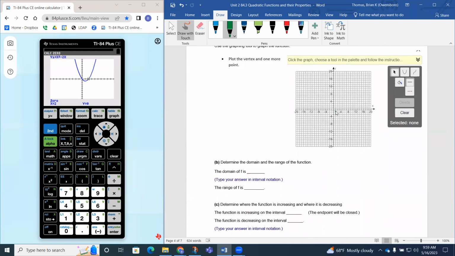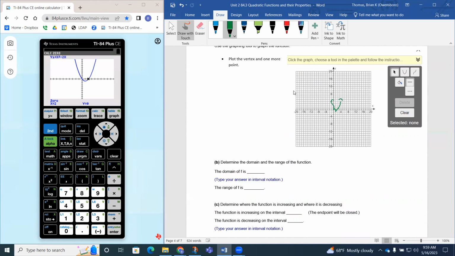And then plot another point. An easy point to plot would be either one of the x-intercepts. So we add an x-intercept at 0, 0. Once you do that, it should also mirror the other point, which is the 2, 0. And therefore, you should start to see this graph materialize on your graphing tool.